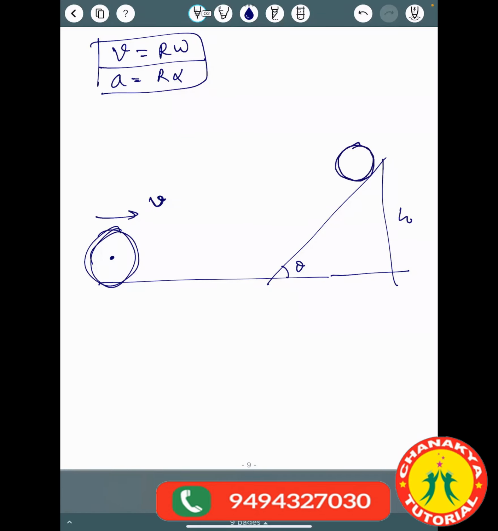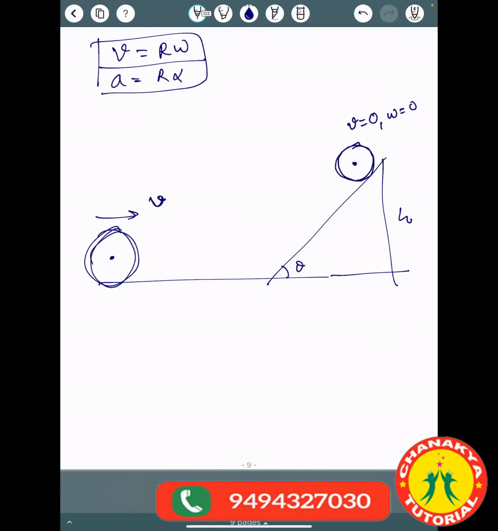We want to find the maximum height. So guys, tell me, once it reaches the top, will it stop or not? It will stop, right? Finally, its velocity becomes 0 and omega equal to 0. When something reaches maximum height, its velocity becomes 0.